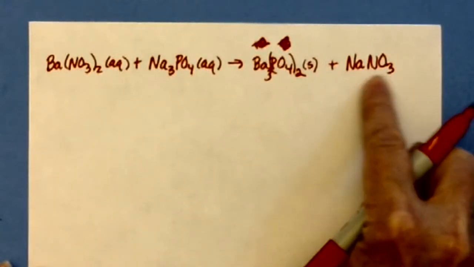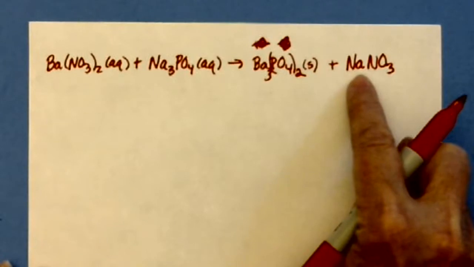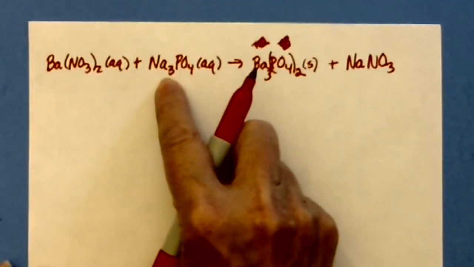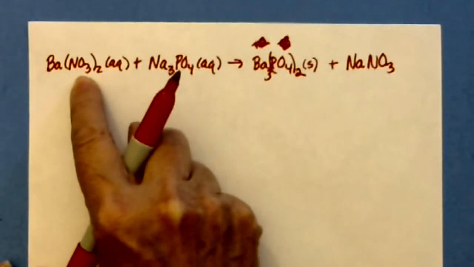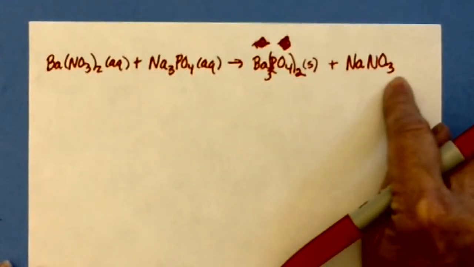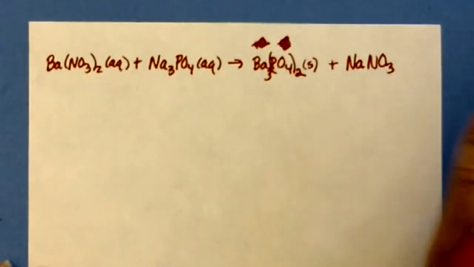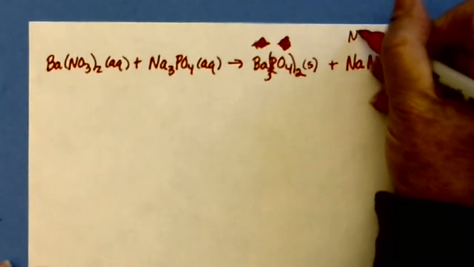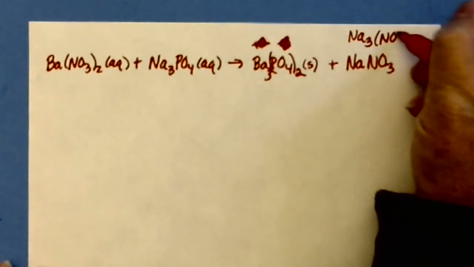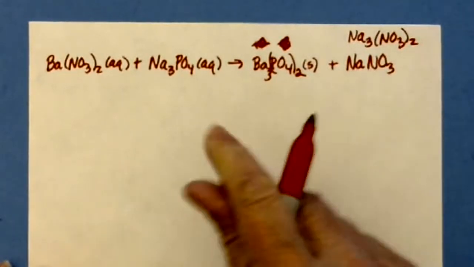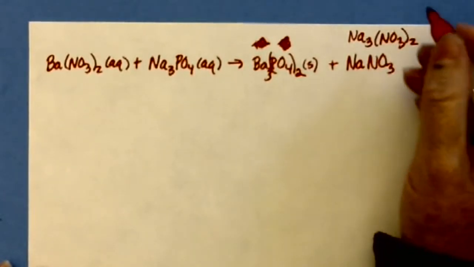But nitrate does not have a -3 charge, so I'm not going to carry this formula with a 3 over here. The other mistake is because there were 2 with the nitrates to carry that parentheses 2 over here. So sodium nitrate is not this crazy formula Na3 NO3 taken twice. That's wrong, okay?